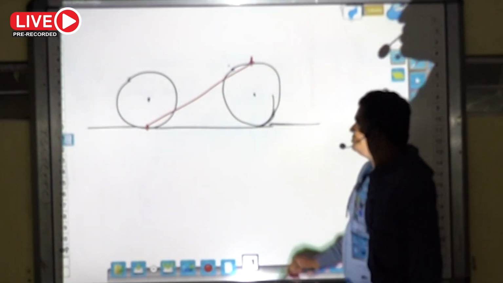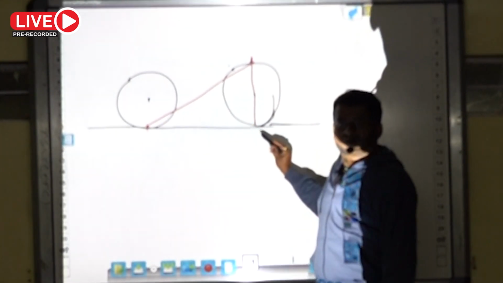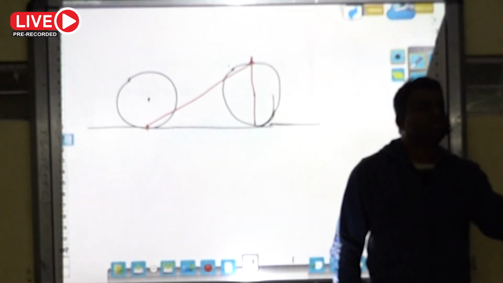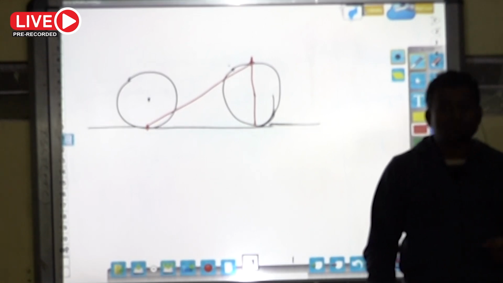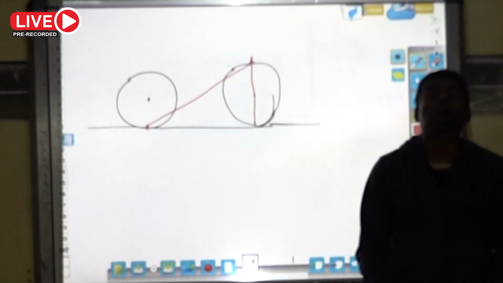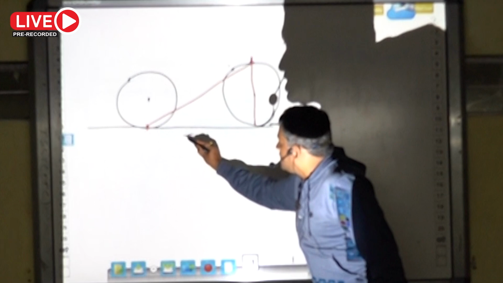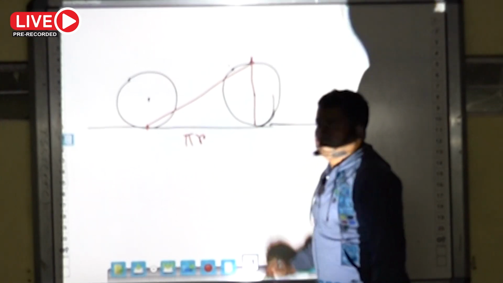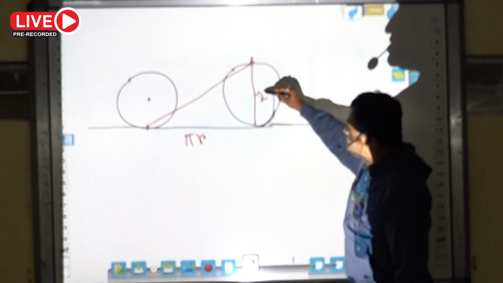Now drop a perpendicular from here. Since it is half revolution, in a complete revolution the linear distance covered is equal to its circumference, that is 2 pi r. So in half revolution, the linear distance covered is pi r. So this one is pi r. This one is diameter, that is 2r.